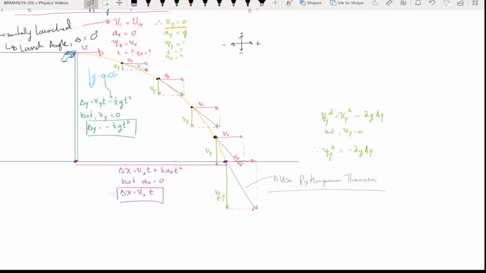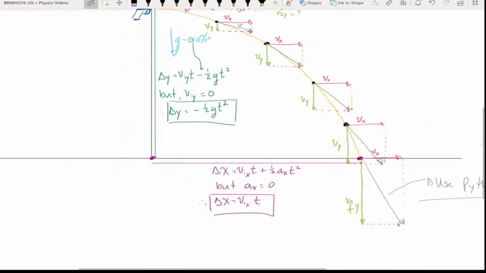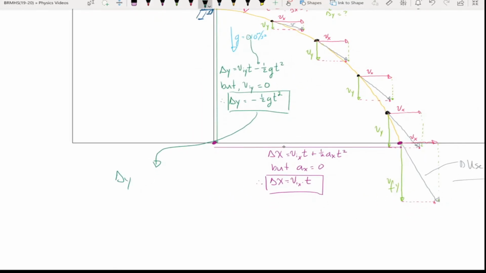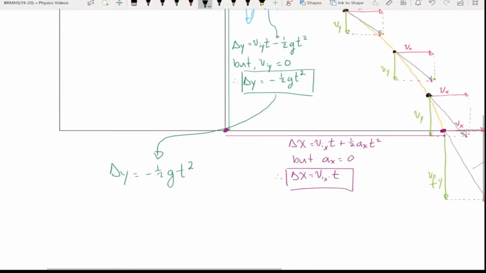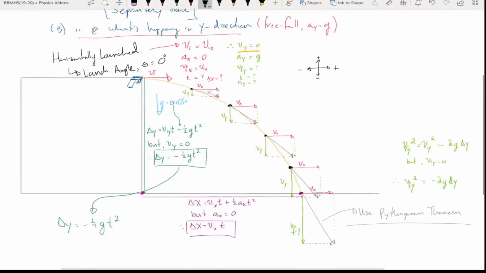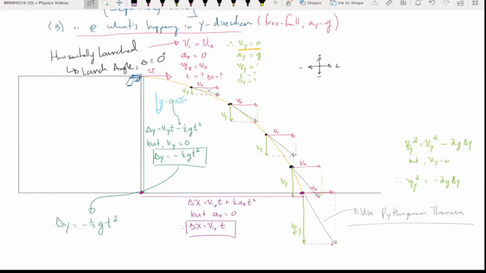Let's say I wanted to find time, and I'm going to take this equation, come down here. I know this is valid for my horizontally launched projectile because it has a 0 initial velocity in the y direction. All right, so let's say I wanted to find time. Now, this delta y is the displacement in the negative direction or the positive direction. We're starting up here, and down is negative direction.